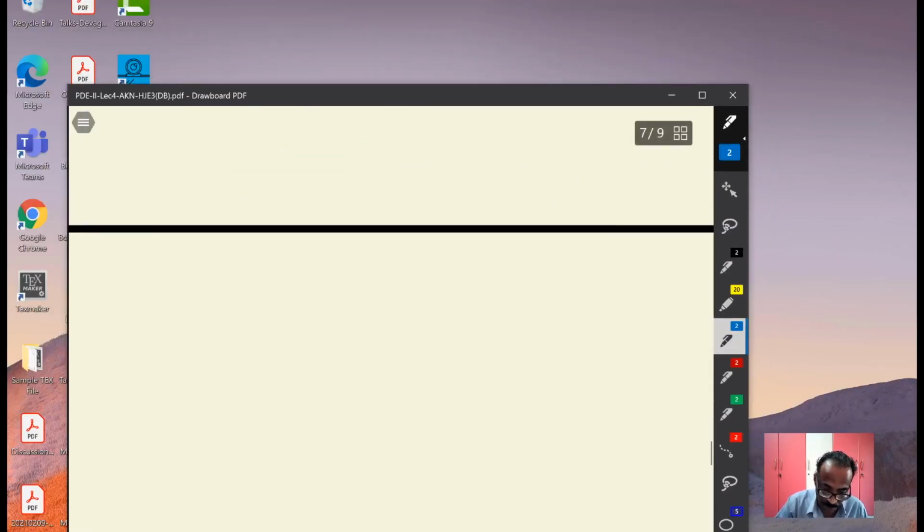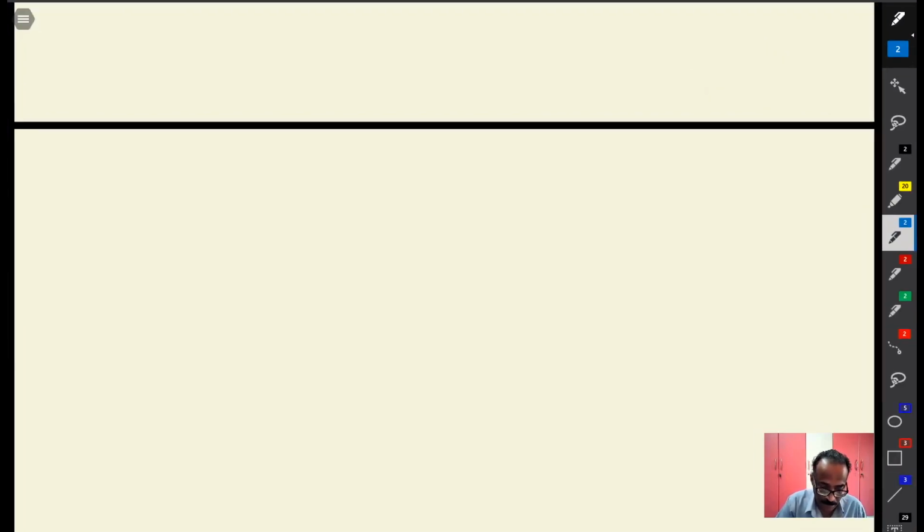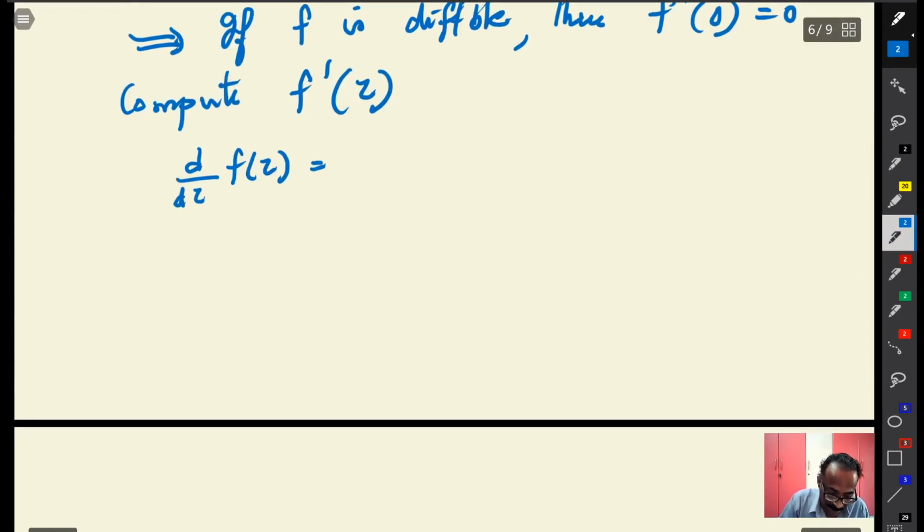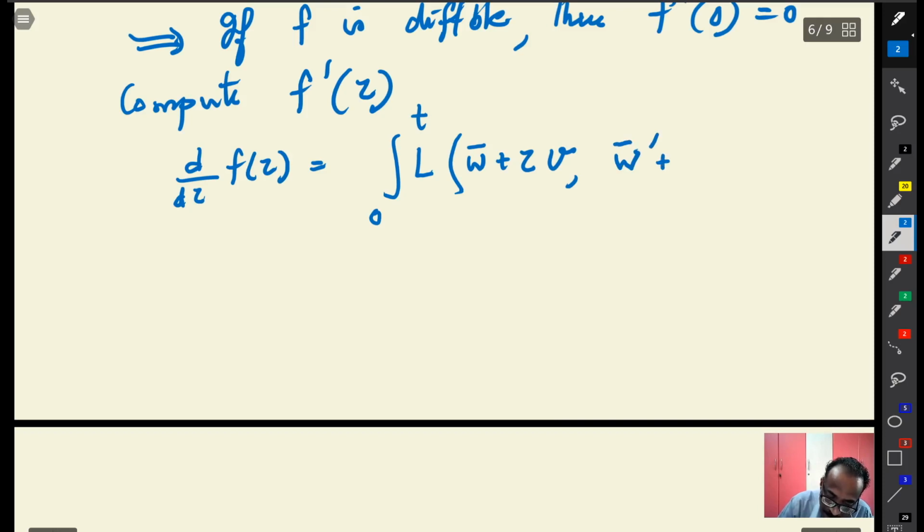So d by d tau of f of tau is equal to the integral from 0 to T of L of (w bar plus tau v, w bar prime plus tau v prime).